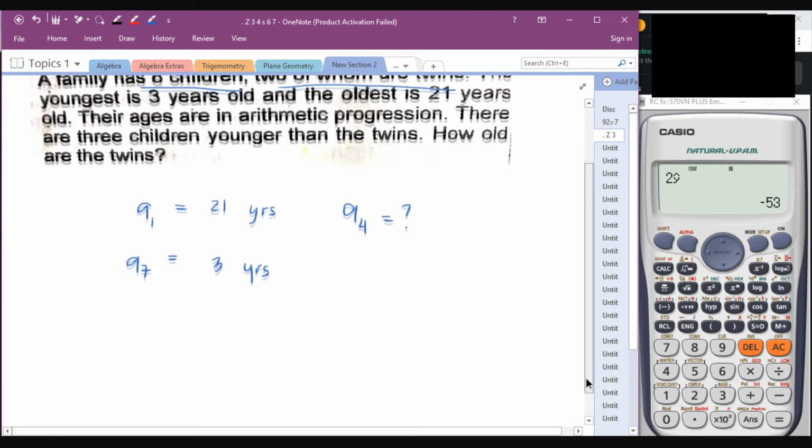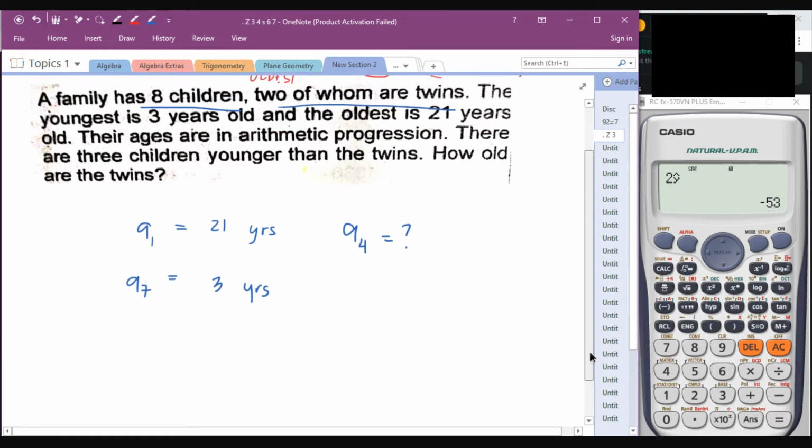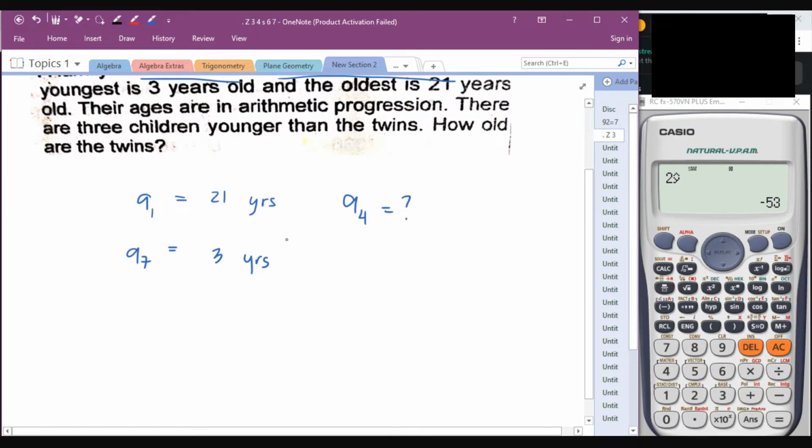So we have to know their ages. But here we have no common difference. Let's find the common difference first. What is the common difference there?